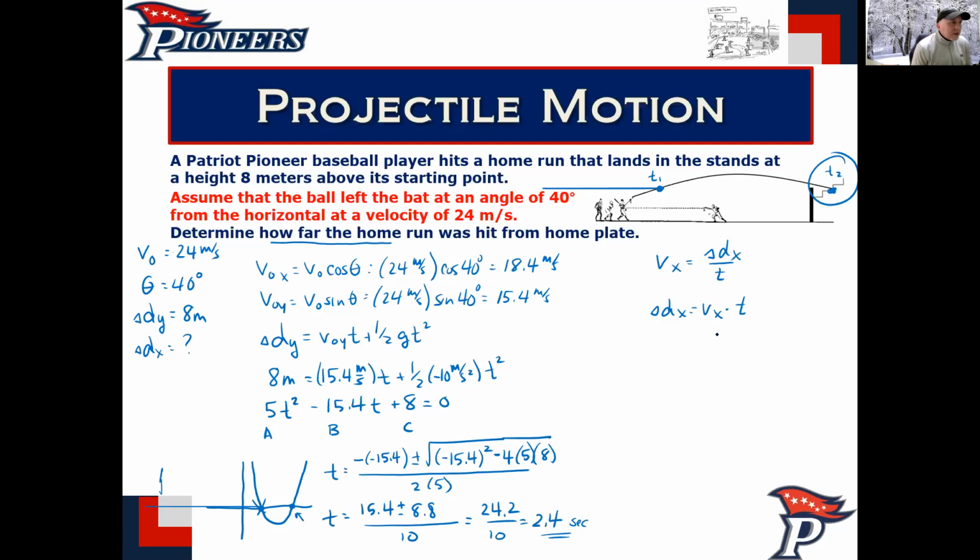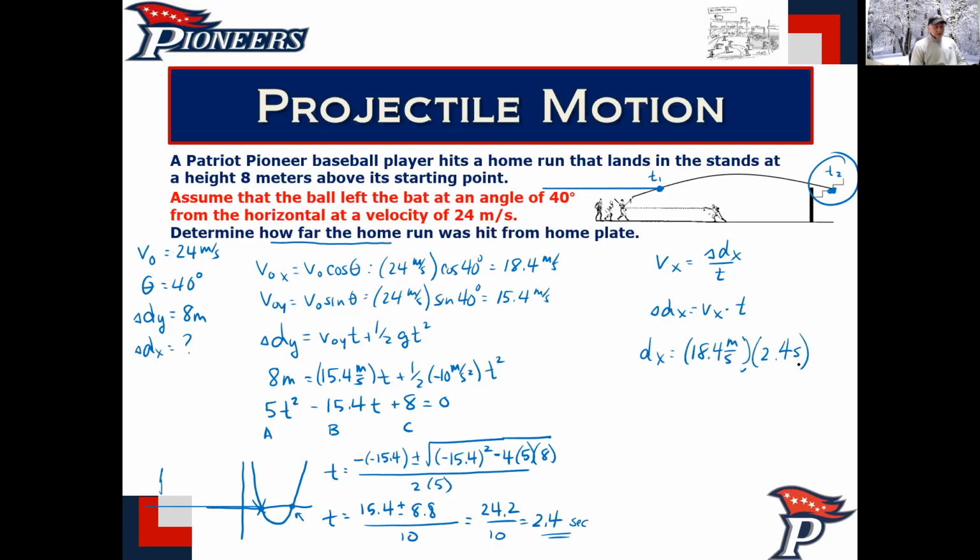Right, and so that's the value for t I want to put in there. I use Vx. 2.4. Multiply that by 18.4. Holy cow. No. Sorry, I was multiplying 24.2.